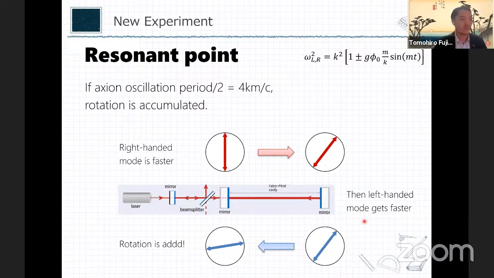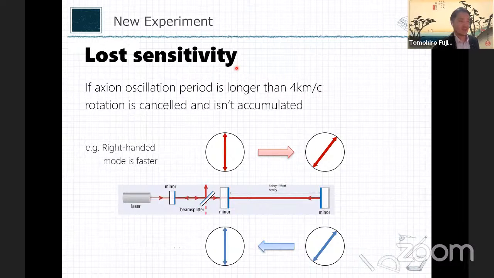That's possible if half of the oscillation period is the same as the photon propagation time. Then the left-handed mode gets faster, and the polarization moves the other direction. Then the rotation is not cancelled. Actually, the rotation is added. This is a resonant point. You should be very lucky to have this effect. Normally you have this cancellation.